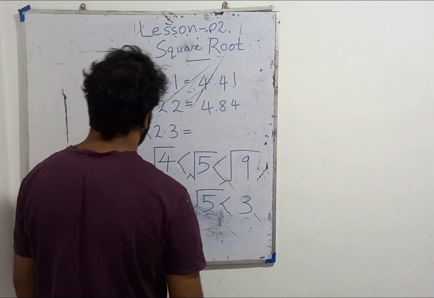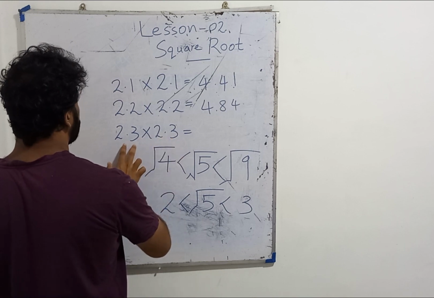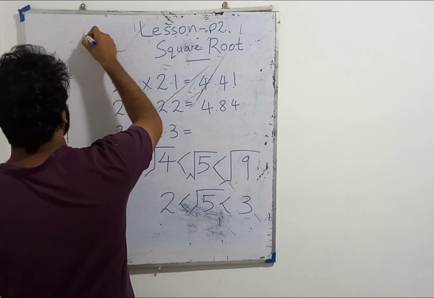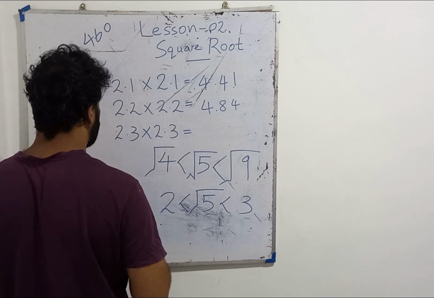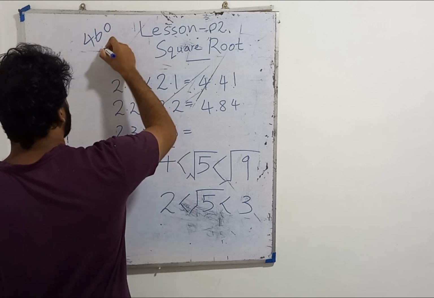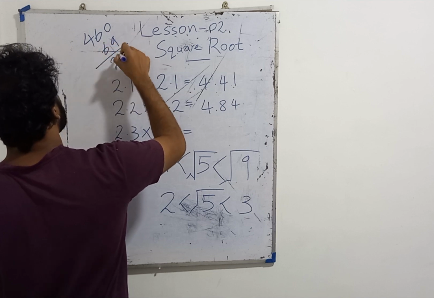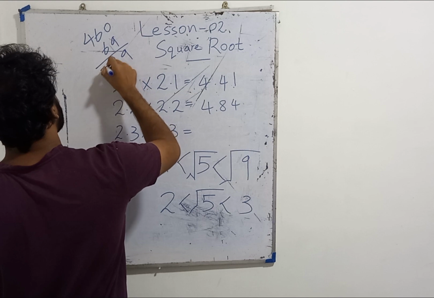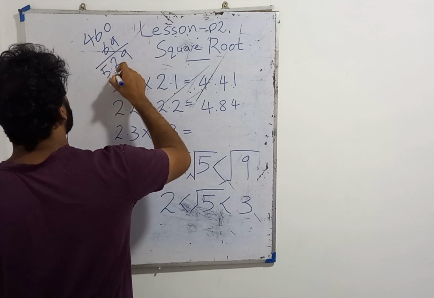Then let's go to 2.3 times 2.3. If you can multiply like that, it's simple. 23 times 20 is going to be 460. Then 23 times 3 is 69. So 529, which is 5.29.